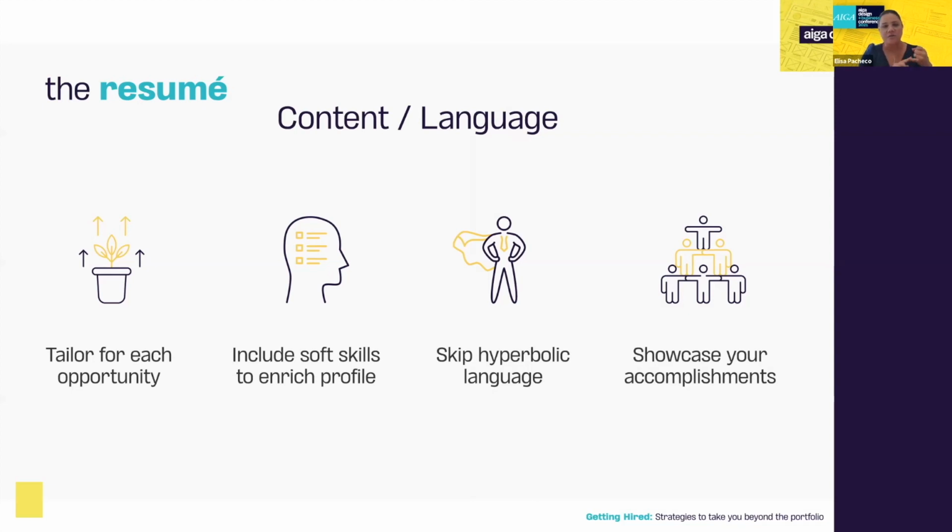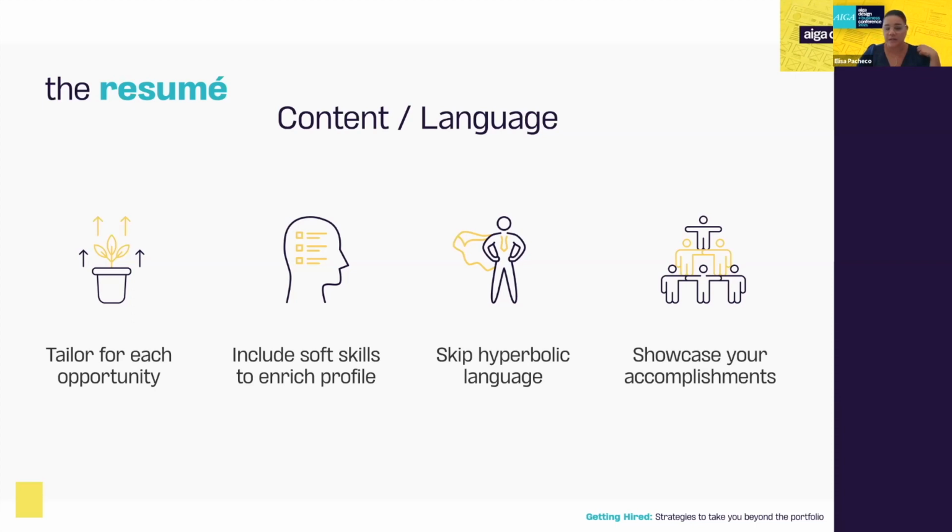In the About Us, you will see the culture, the values, what they are looking for in their employees. And in the job ad, you will catch some buzzwords that you can use in your resume. So the resume is not one size fits all. Try to tailor it for each opportunity and take advantage of the job ad. It will give you some keywords that you can use.